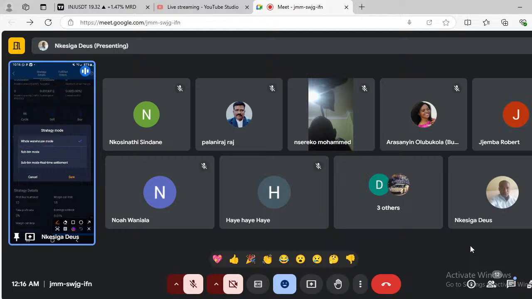The next one is sub-bin mode. When you switch to sub-bin mode, the robot will keep buying and selling as usual.